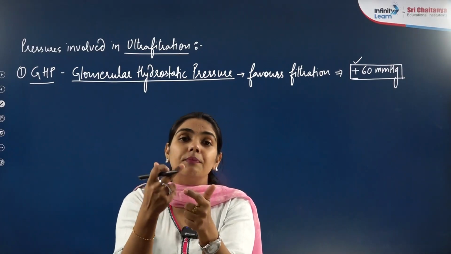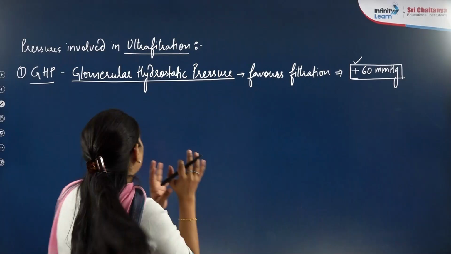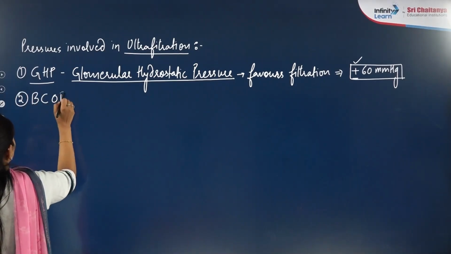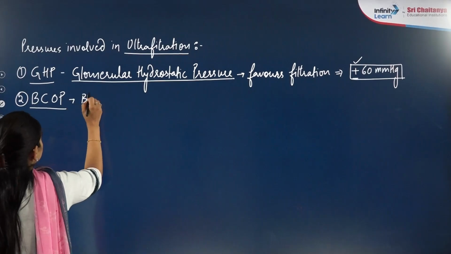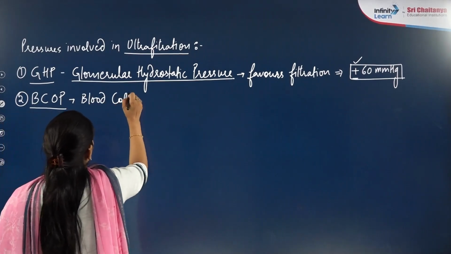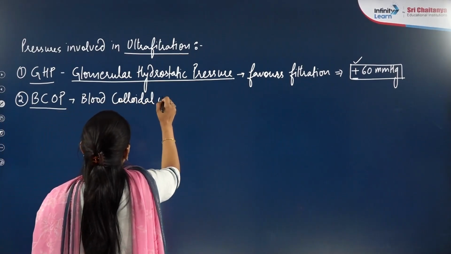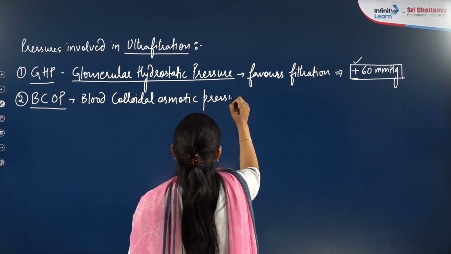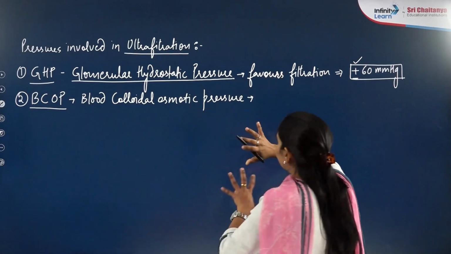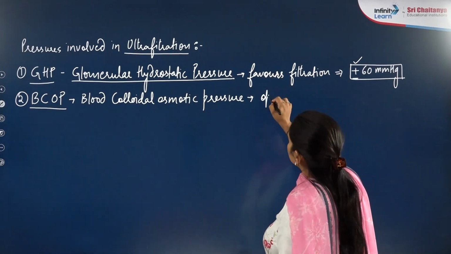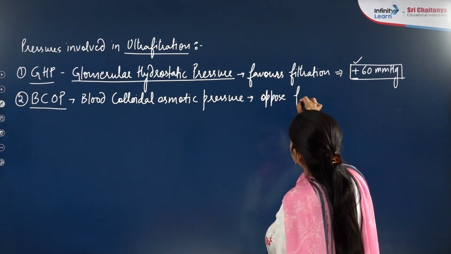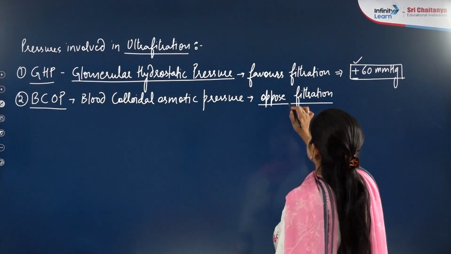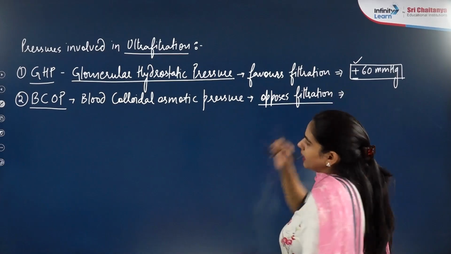They will exert a pressure opposite to the filtration, and that pressure is the second pressure known as blood colloidal osmotic pressure, BCOP. It will not favor the filtration, it will oppose the filtration. This pressure is exerted by the proteins in the blood.